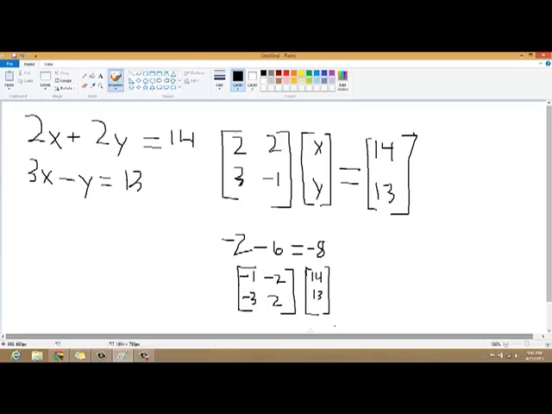So this would be -1 times 14, so -14, and then plus -2 times 13, so it's plus, but this is negative, so we'll put a minus 26, and that would be -40.